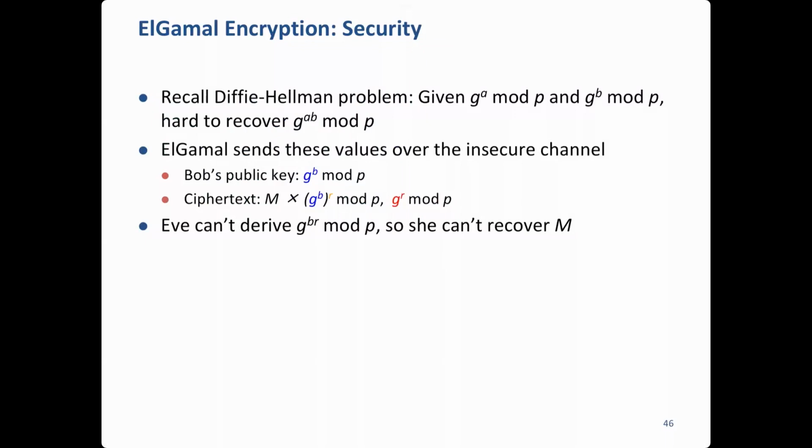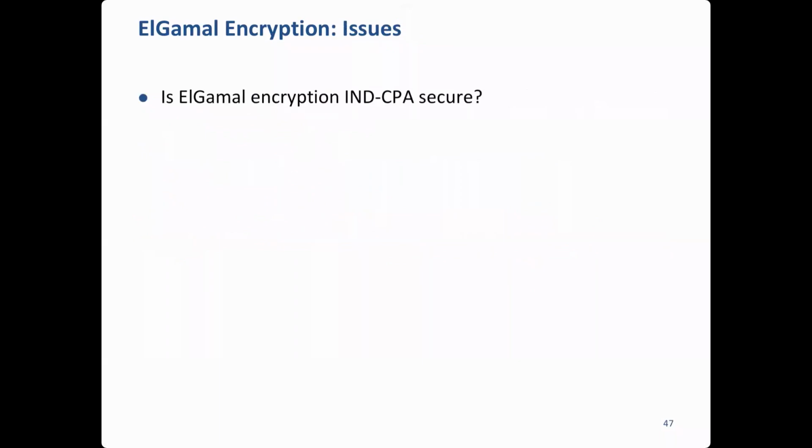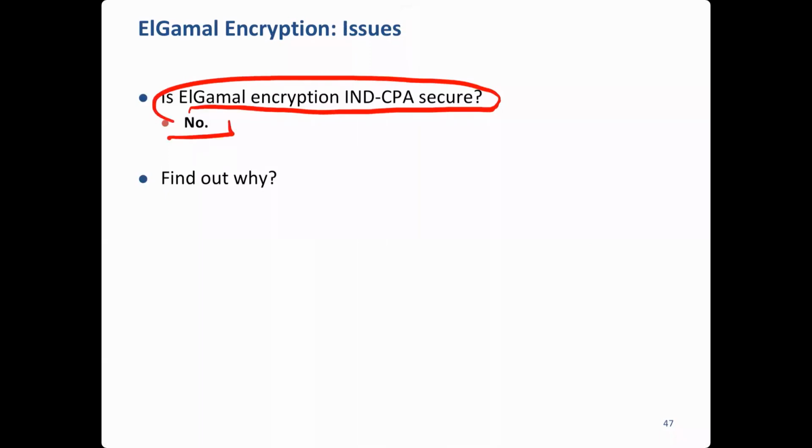Similar to the Diffie-Hellman algorithm, Eve can't derive G raised to the power BR mod P here, so she can't recover M. So it is a kind of secured from Eve. Is ElGamal encryption IND-CPA secure? No. Why?